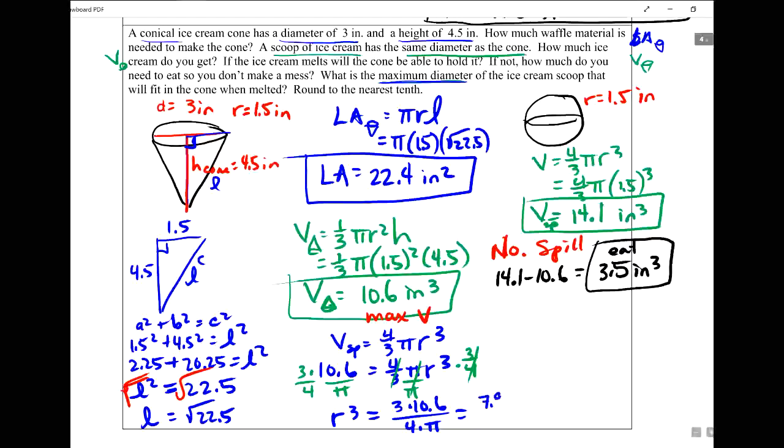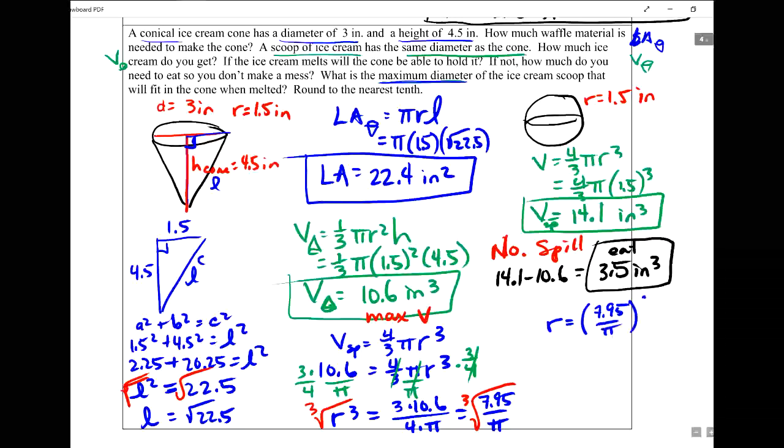This is 7.95 over pi, and we need to cube root. So we know that r equals 7.95 over pi to the 1/3, and then that just lets me find my maximum volume.